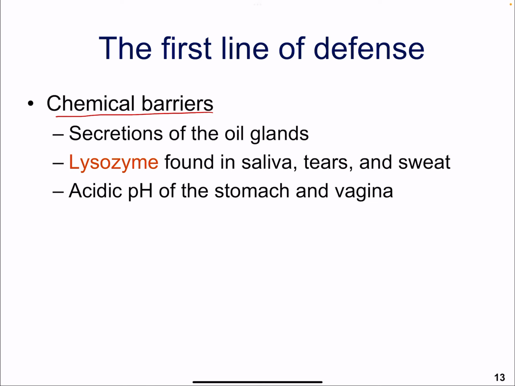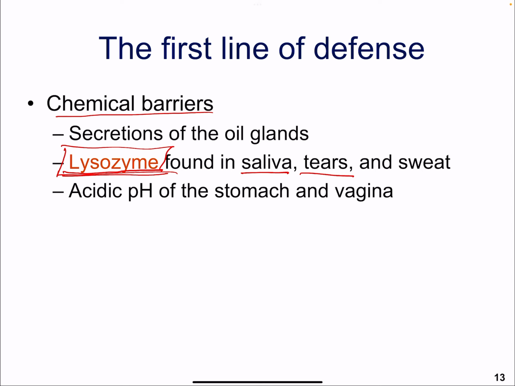That is a problem for bacteria that want to come and multiply, okay? So that is going to be a barrier. And then you have lysozymes. The lysozymes are very abundant in the saliva, in the tears, and these lysozymes are going to be very effective at breaking down the cell wall of bacteria.